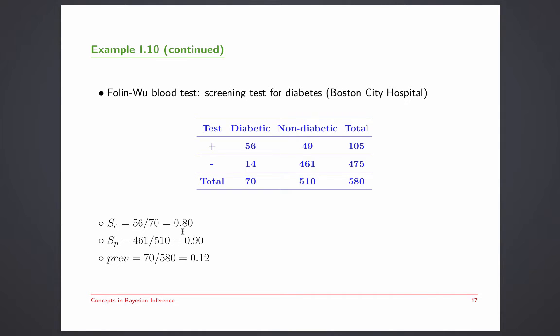So here we find a sensitivity of 0.8 and a specificity of 0.9. The prevalence in this study is the number of diabetic patients divided by the total number of patients in this study, so 70 over 580, which is equal to 0.12.